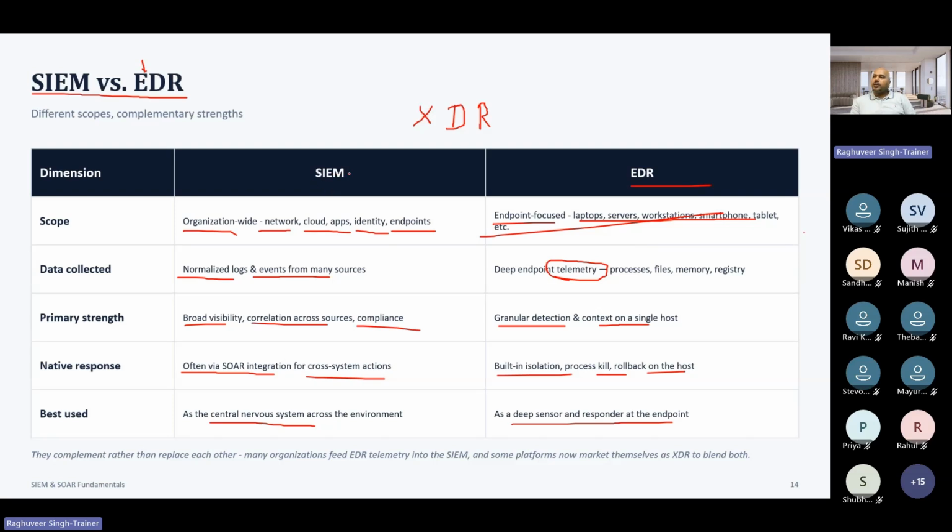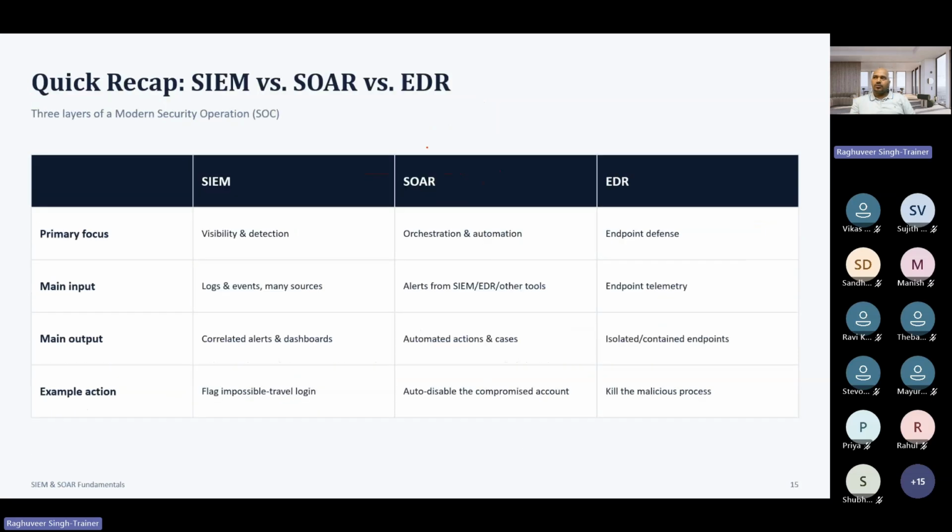So what they do, they combine both of them together, EDR and SIEM, and it becomes XDR, an extended detection and response solution, wherein you are merging the two products' value proposition into one product line. So Microsoft has XDR, CrowdStrike has XDR, SentinelOne has XDR. XDR basically means you have a common dashboard where detections are consolidated from both the systems, and you have both the tools configured across your environment. That's what XDR is all about.